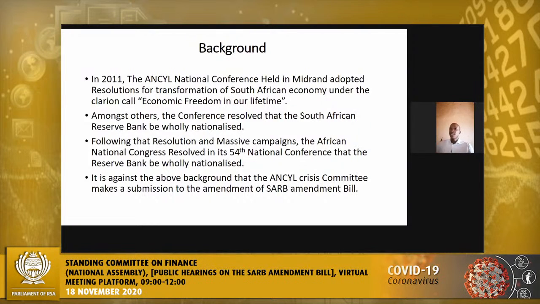Second, we think that it is very wrong for the state to have equal footing in terms of appointment of the directorship of the Reserve Bank with private shareholders.